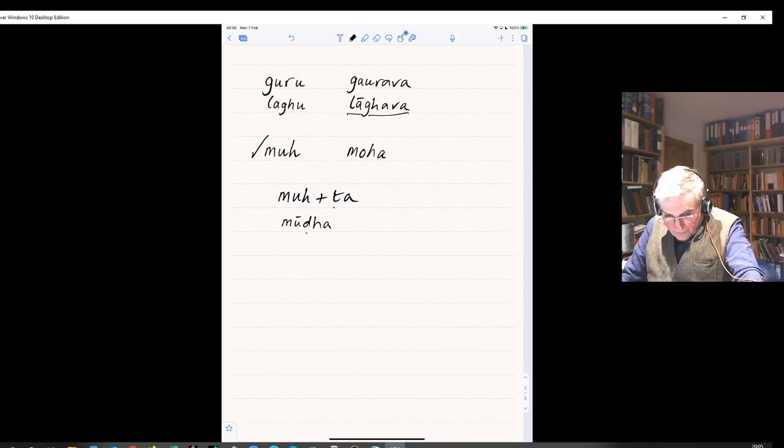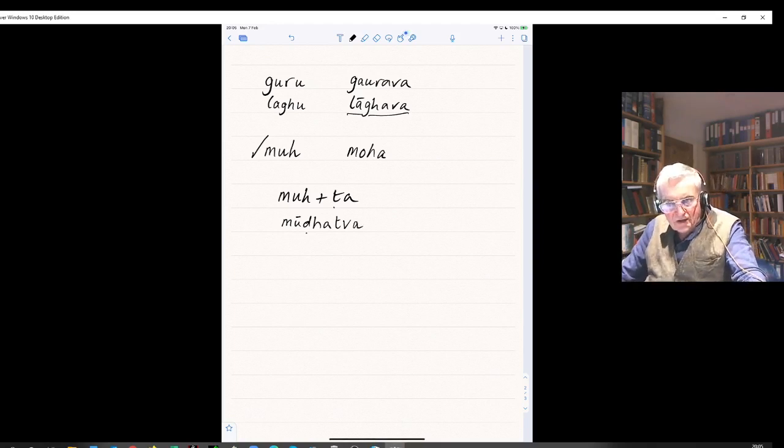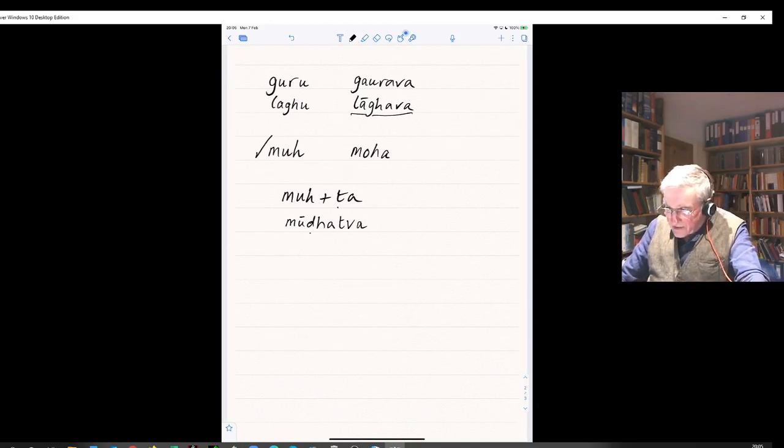So mudha, deluded. Now, you'll see, Guru Laghava mudhatvam. It's added the tva on it, which is another way of making an abstract noun, like the English ness. So mudhatva, state of being deluded, delusion. So Guru Laghava mudhatva, heavy lightness delusion.